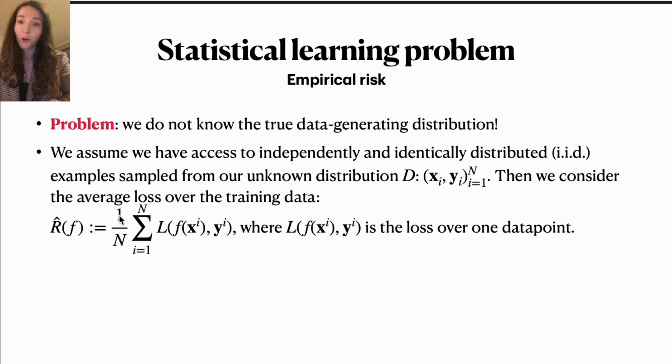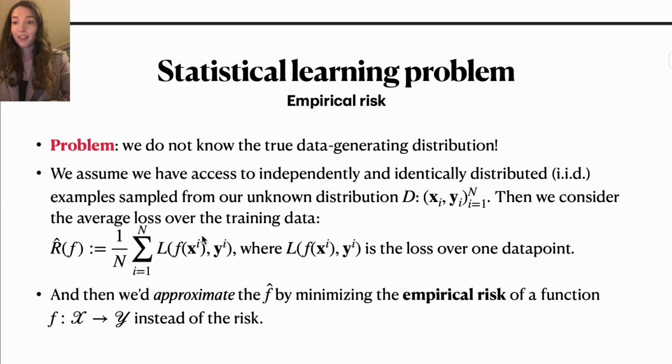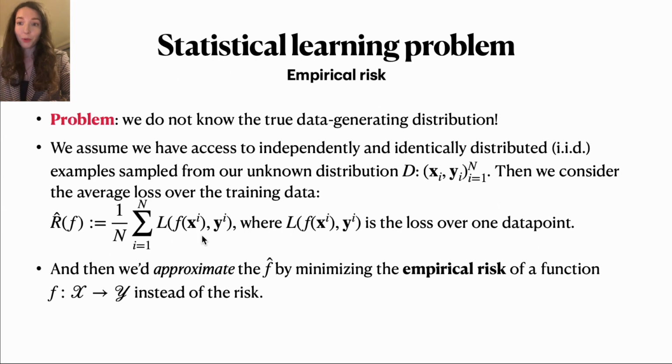It's 1 over n of the sum of the loss between our prediction on x_i and the true label y_i. And then the approximation that we finally make is that we approximate our optimal function choice by minimizing this empirical risk as opposed to the true risk that we initially had.